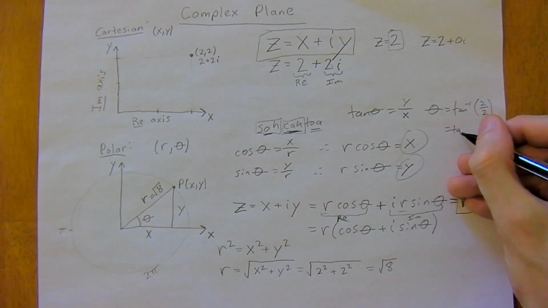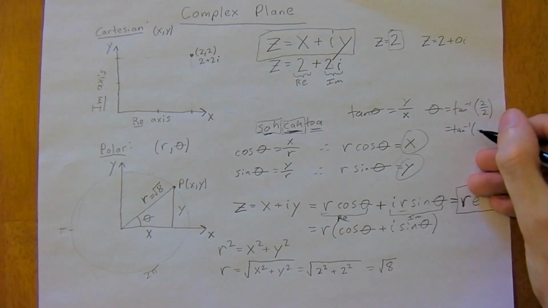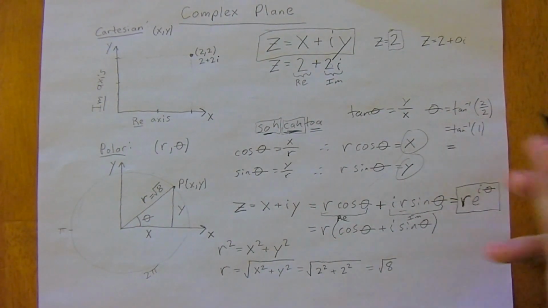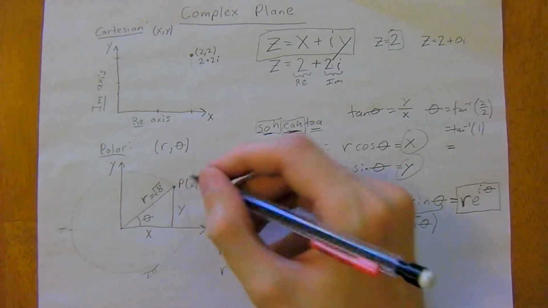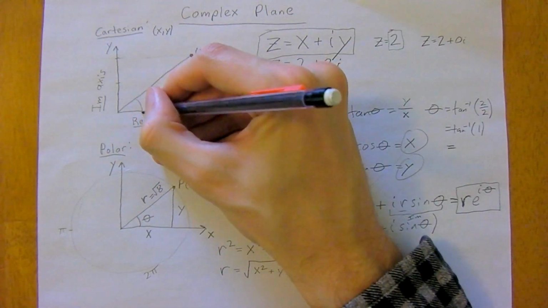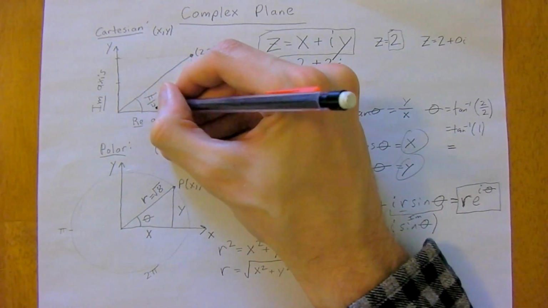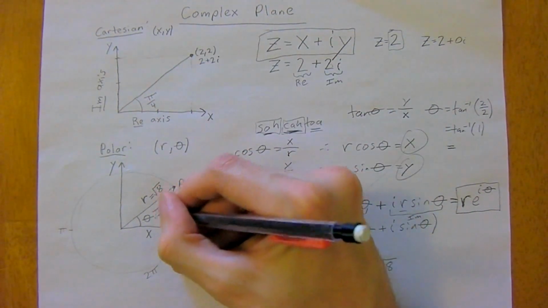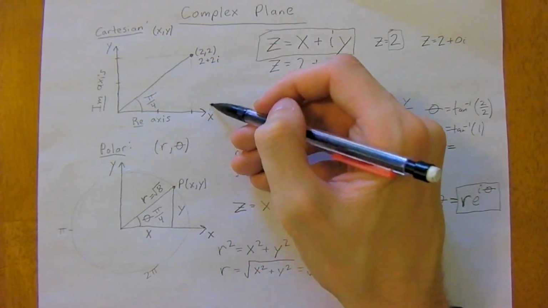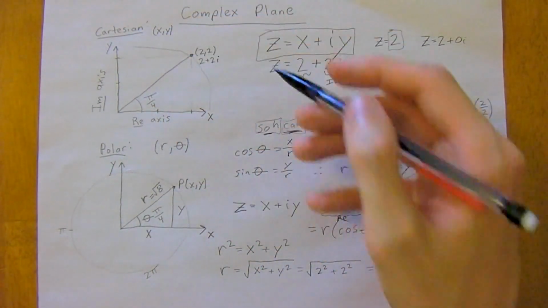So it's tan inverse of 1, which is just equal to, well, just think about this in this example here too. This angle is going to be pi divided by 4. And if you're familiar with the unit circle, you'd remember that as well.